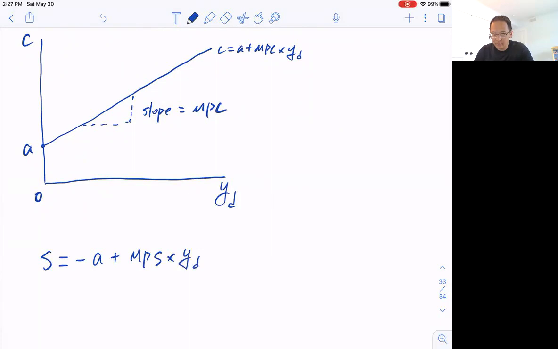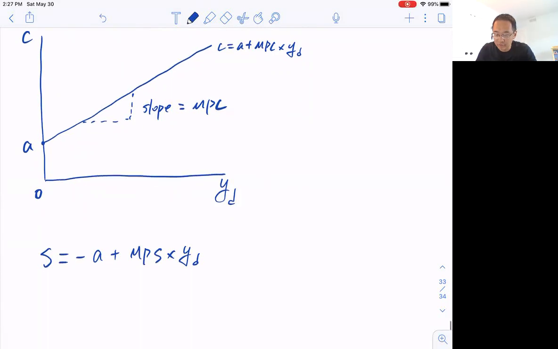Here S is savings, A is equal to your autonomous consumption, but here it's negative A, and MPS stands for marginal propensity to save, and YD is still disposable income. So let's talk about what this means for a second. Here, negative A, first of all.